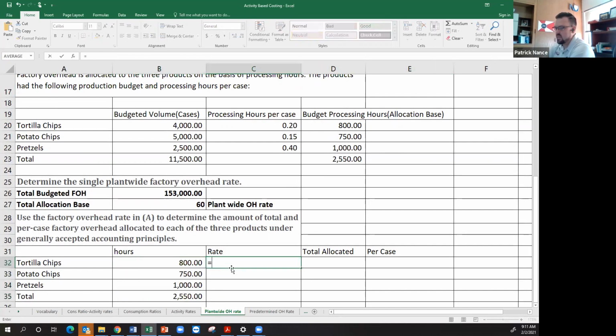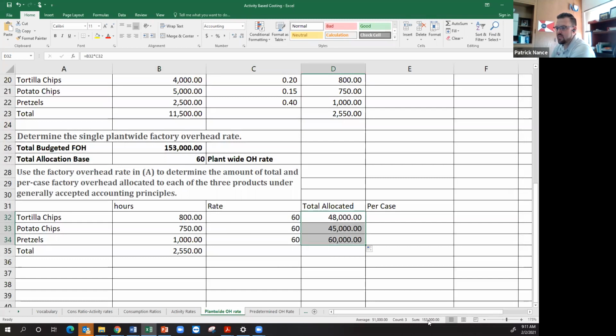My rate is going to be the 60 for all of them. So my total cost allocated to tortilla chips is going to be 800 times 60, and 750 times 60, and so on and so forth. And the total of these should equal my 153,000 if I've done it right, and it does.